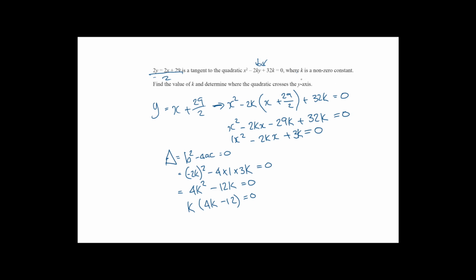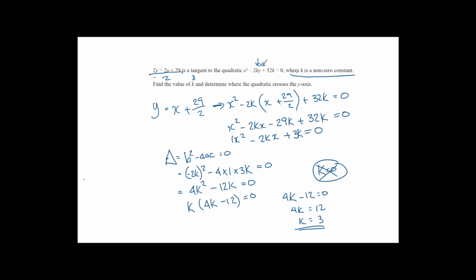But where does it say at the top here? k is a non-zero constant. So k equals 0, no go. So we're left with 4k minus 12 equals 0. So 4k equals 12. k must equal 3. And we're away at the races, so we know that k is 3.